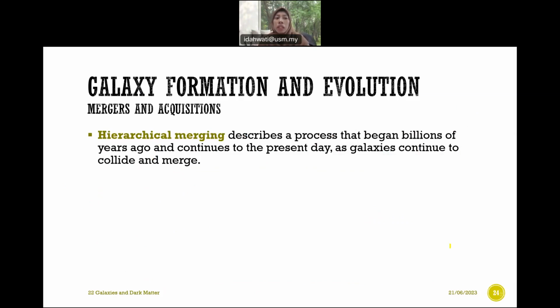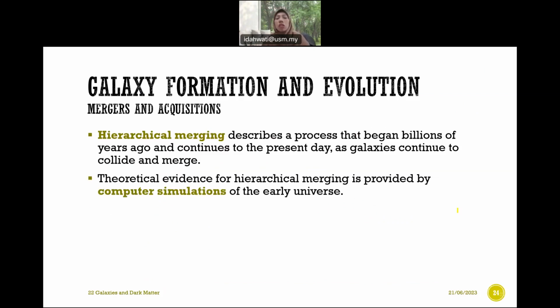And okay, what is hierarchical merging? It's a process that began billions of years ago and continues to the present day, as galaxies continue to collide and merge.